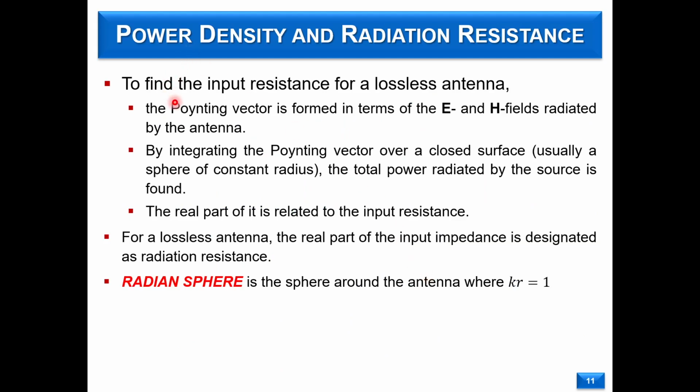So here we need to start analyzing the properties of this infinitesimally small dipole antenna. We need to find the input resistance, for the easiest antenna, a lossless one. To find the radiation resistance and input resistance, we need to find the Poynting vector, or the power density vector, then calculate the total radiated power, and then relate this to the radiation resistance, as we discussed last lecture in the definition of radiation resistance.